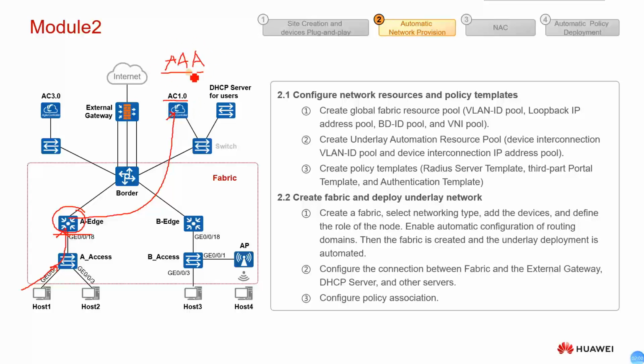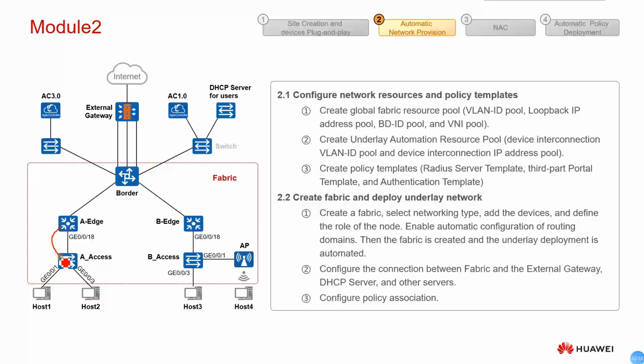The AAA server will identify the user, authorize the result, and send the authorization result to the A edge. After that, A edge will get the result of the user.